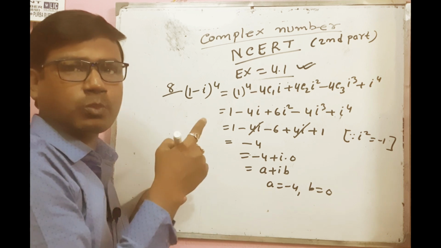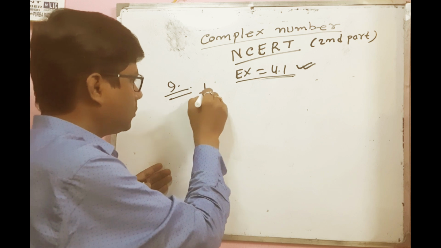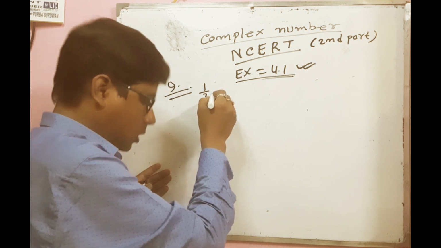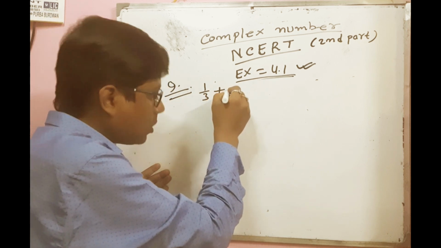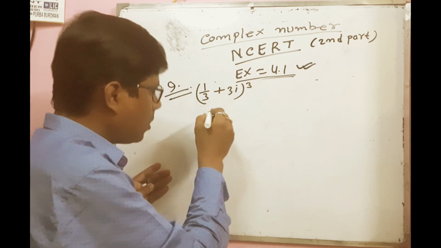Now we move to the next part, that is 9. Now 9: 1 by 3 plus 3i to the power of 3.